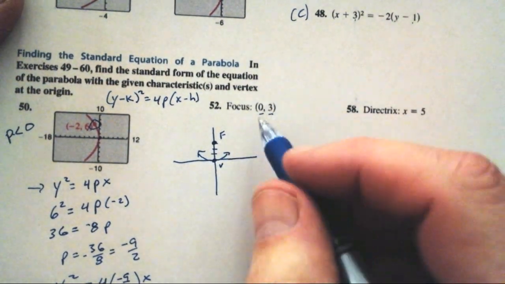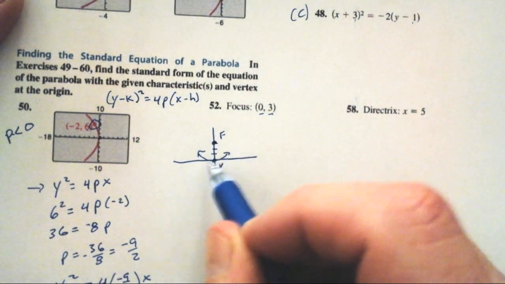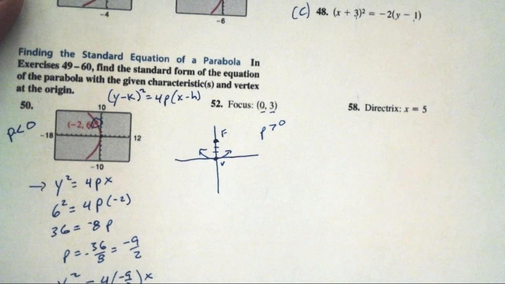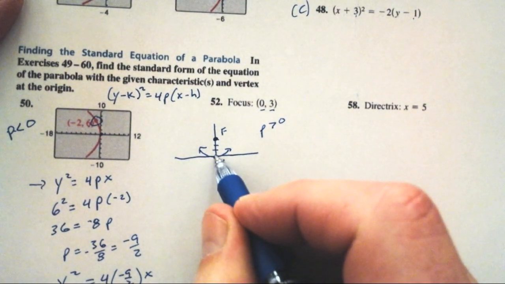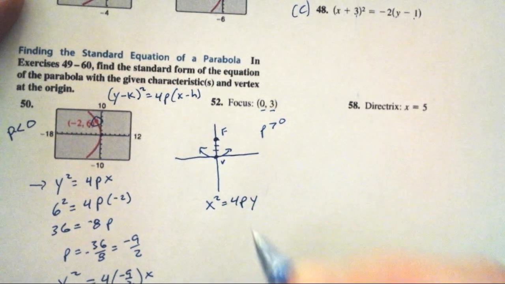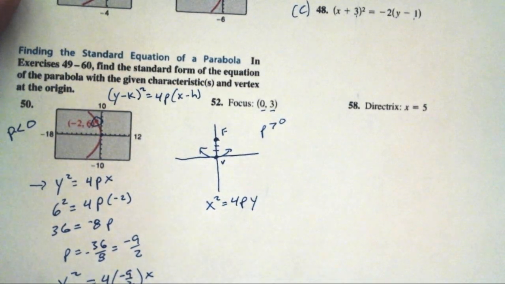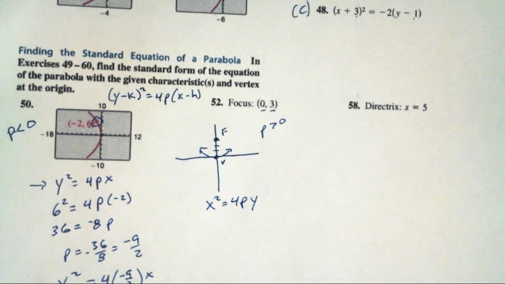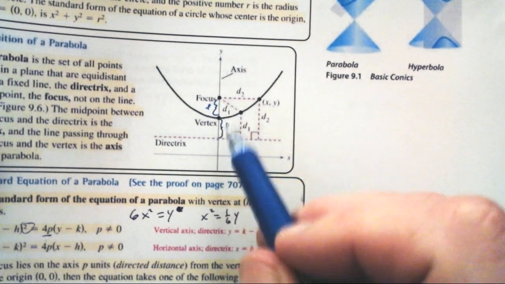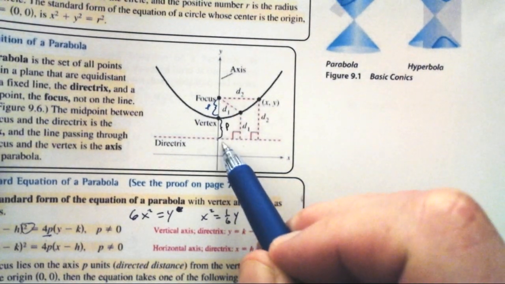So what do I know about this? This is an x squared parabola, and p is greater than 0. Since the center is 0, 0, it's just x squared equals 4py. And the value of p, as we mentioned earlier on that first sheet, is the distance from the vertex to focus, or the vertex to the directrix.